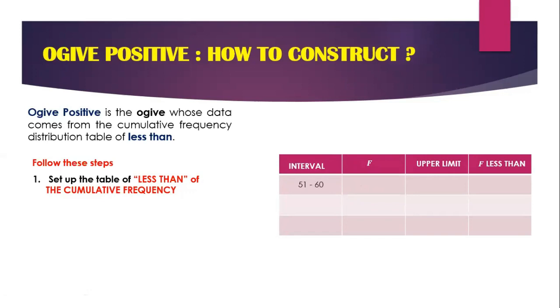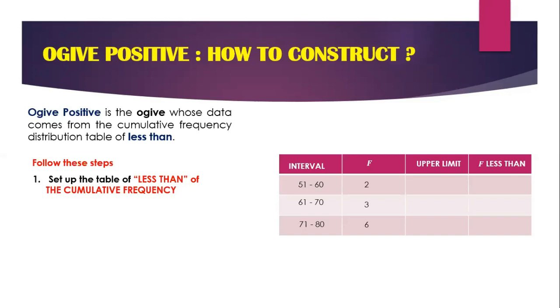For example, the intervals are 51 to 60, 61 to 70, and 71 to 80, and the frequencies for every single row are 2, 3, and 6.